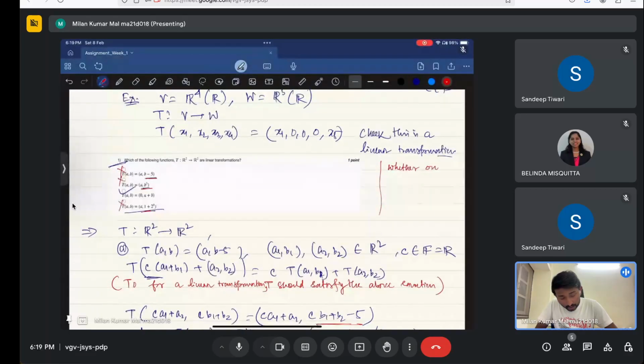Whether one can take V and W as vector spaces over different fields to define a linear transformation.